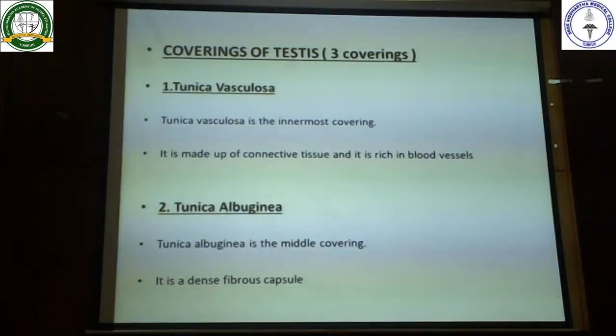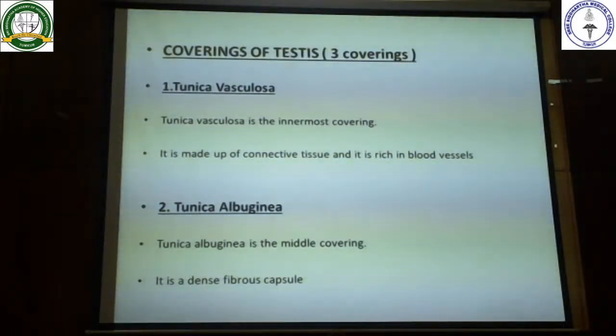So you got three coverings from inside to outside. The innermost is tunica vasculosa, followed by tunica albuginea, which is the middle layer, and the outermost layer is tunica vaginalis.